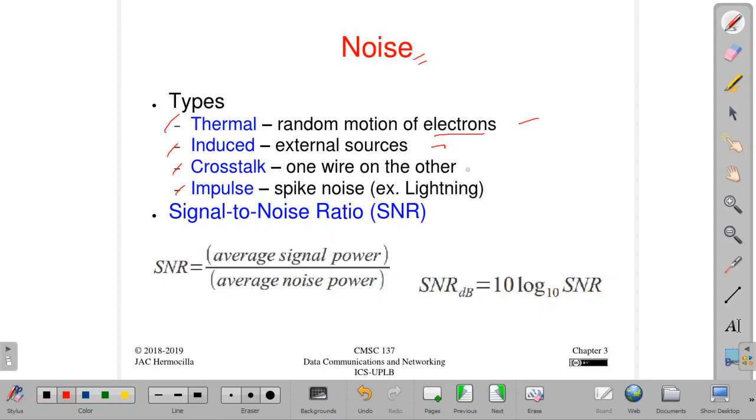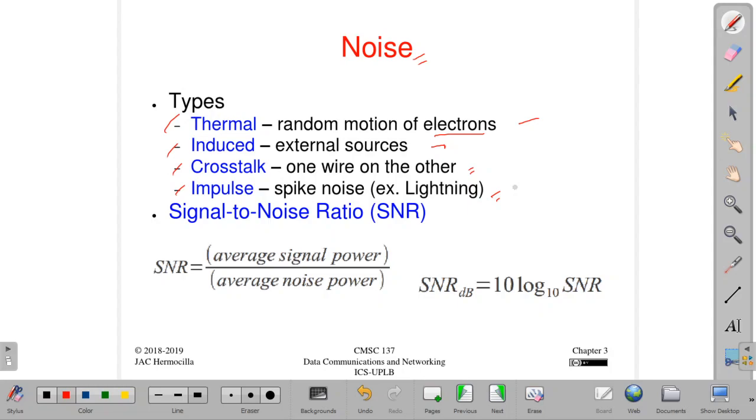Next is crosstalk, wherein one wire touches another, so that's called crosstalk. That's why sometimes when you use the landline, you hear other conversations. That's called crosstalk. And then impulse noise.